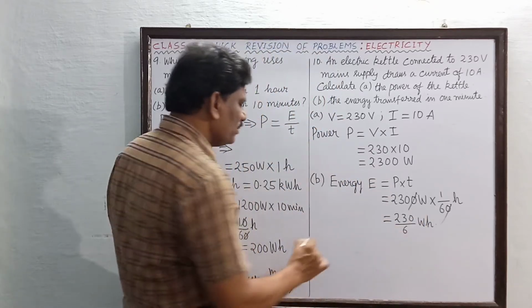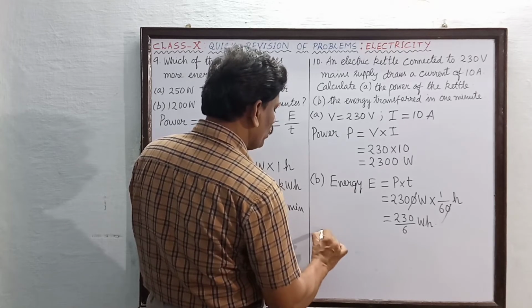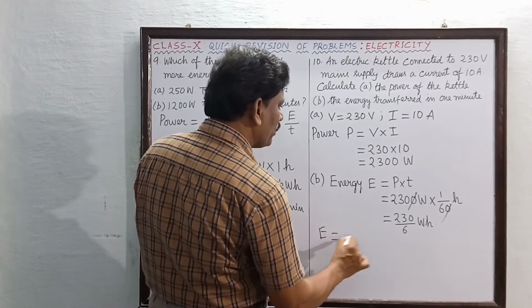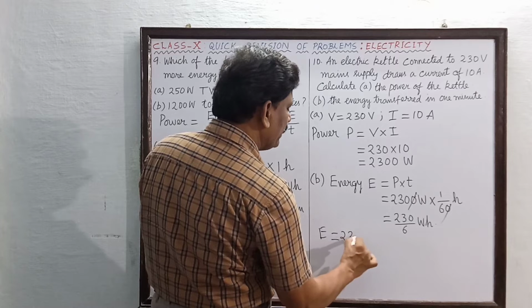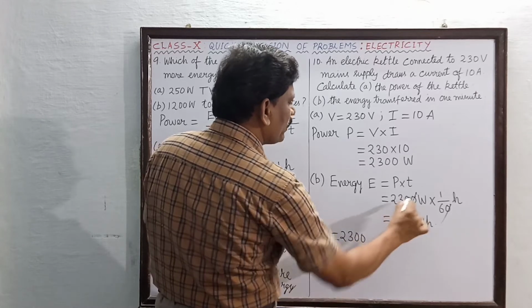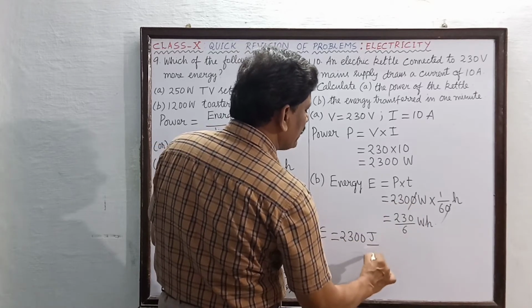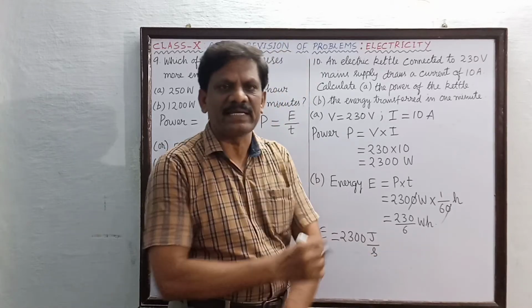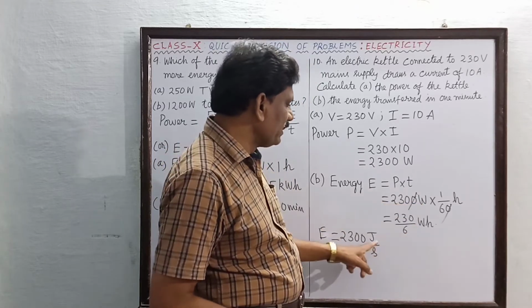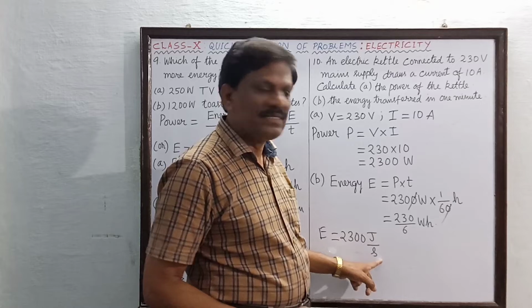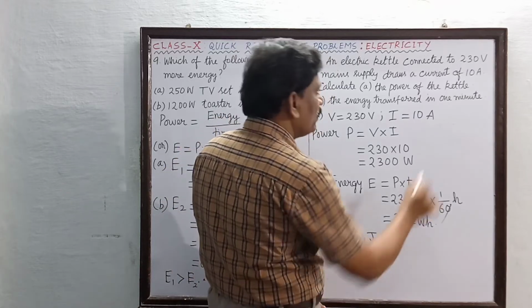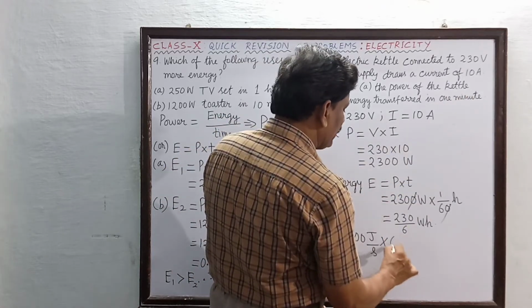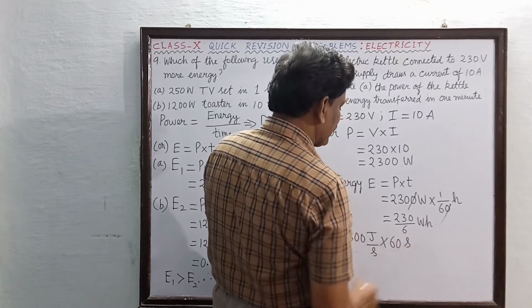In joule, energy is also equal to 2300, watt also denoted as joule per second, into 1 minute, which can also be written as 60 second.